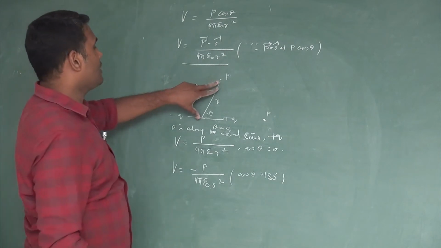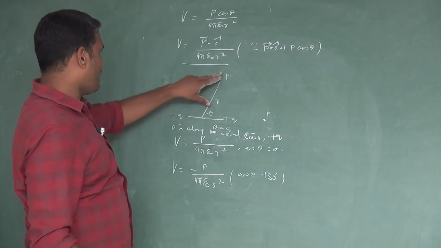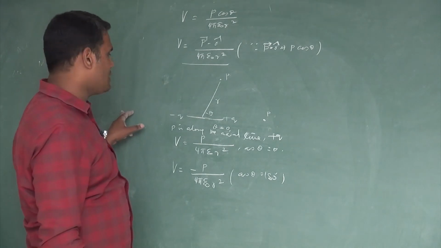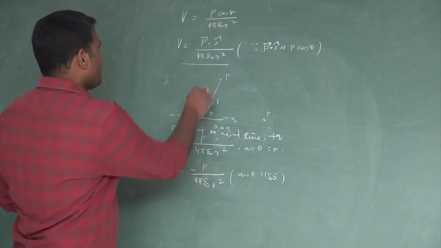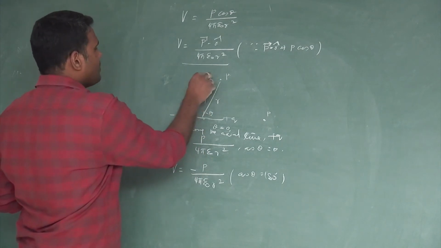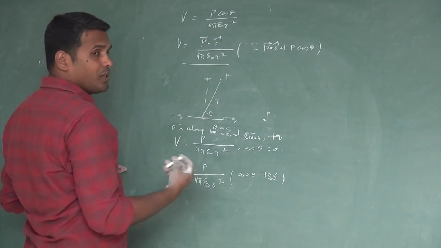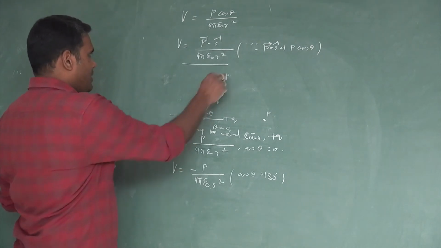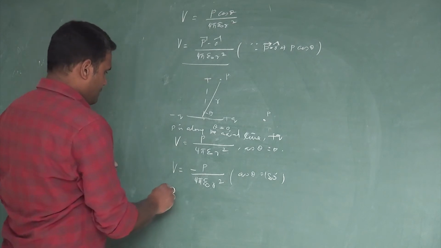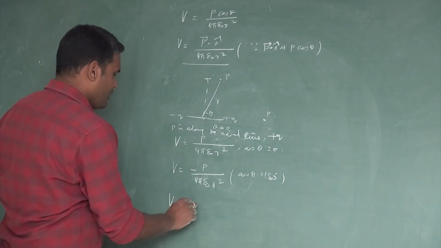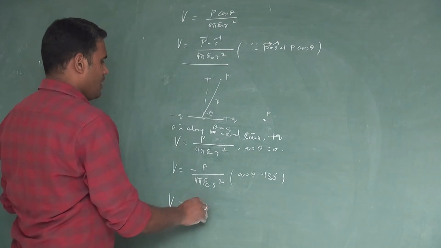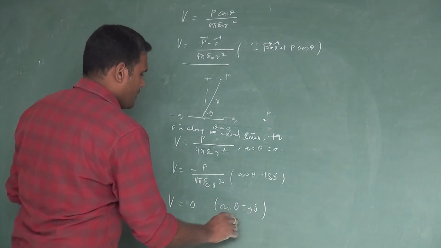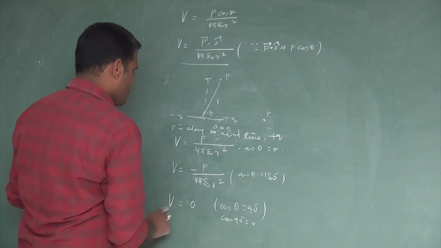Suppose the point p is taken on the perpendicular bisector. What will be the value of potential? Potential V will be equal to 0 as theta equals 90 degree, cos 90 is 0, so potential will be 0.